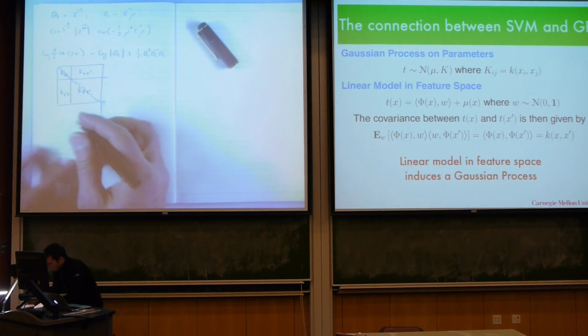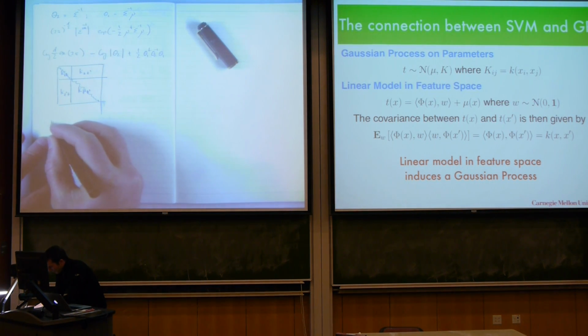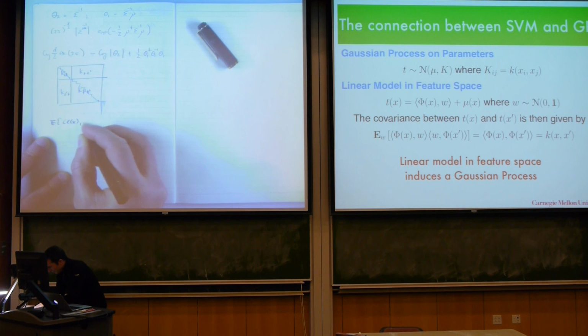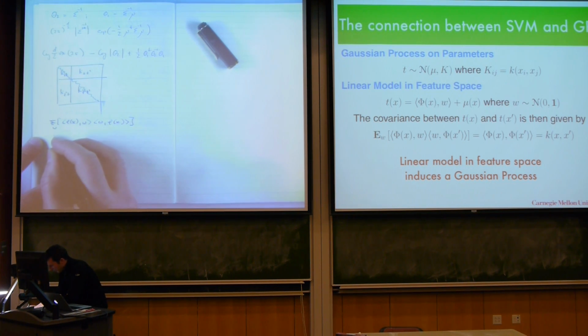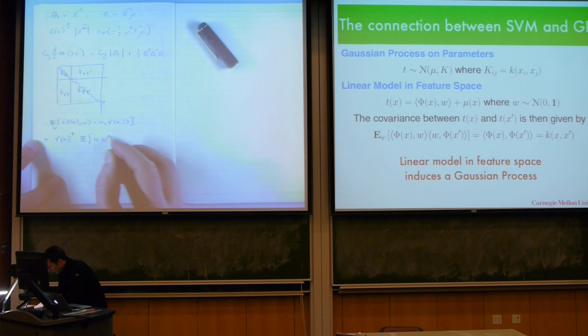So you basically use the fact that the expectation over phi of x of w, phi of x prime, where we're taking the expectation with respect to w, is the same thing as phi of x transposed, expectation of w w transposed, phi of x prime.